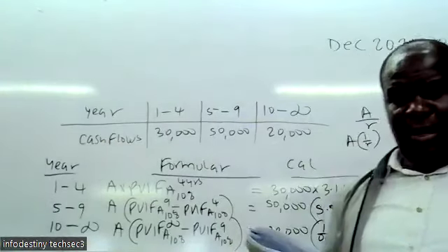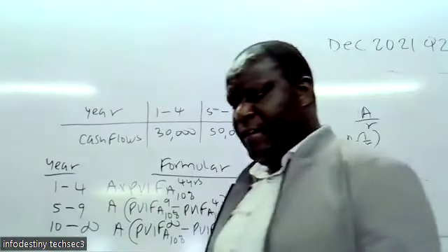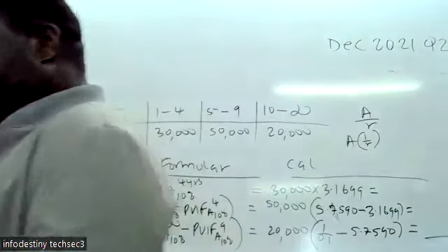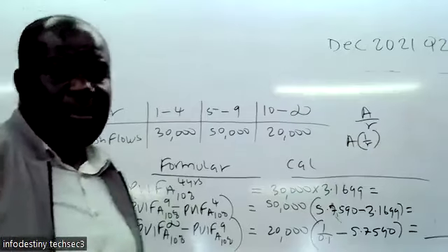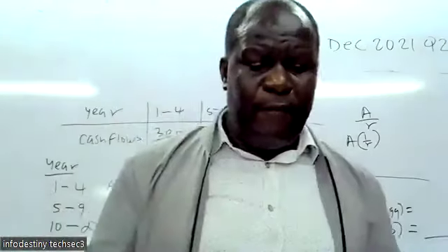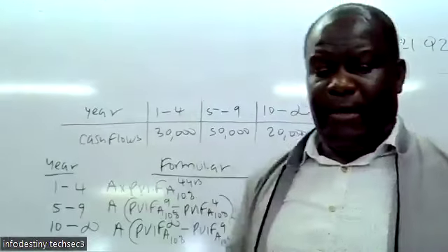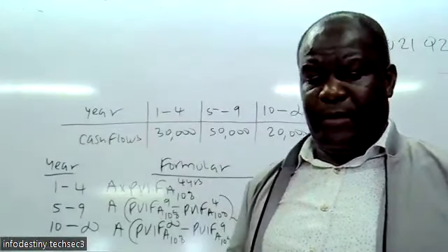Year 1 up to year 5, they gave you 5 million. Year 6 to year 10, they gave you 9 million. Then year 11 to year 15, they gave you 4 million.